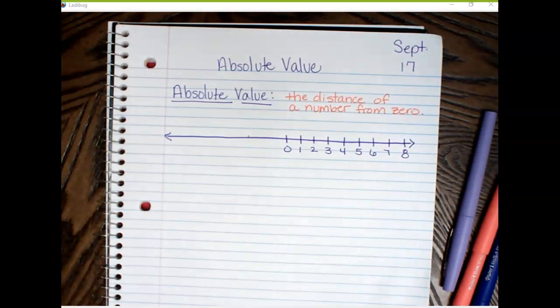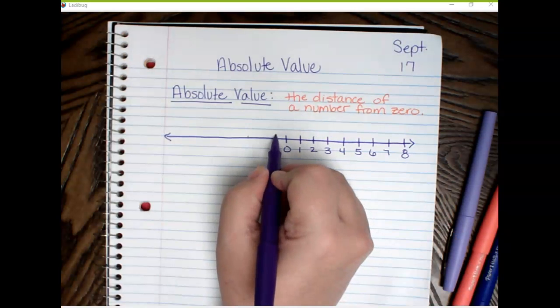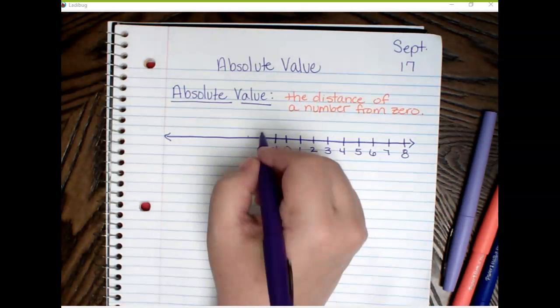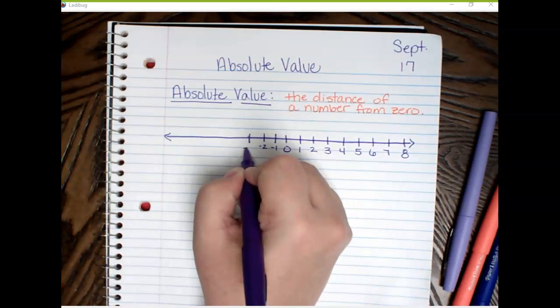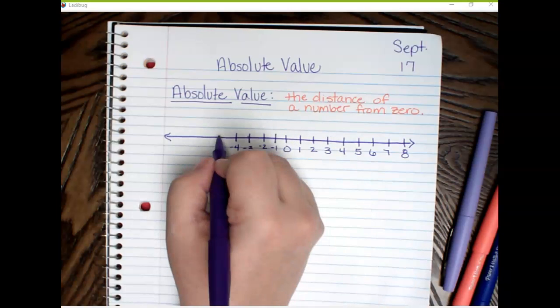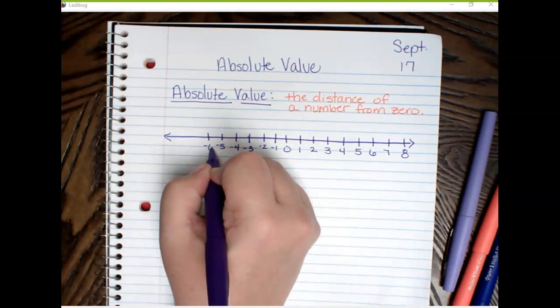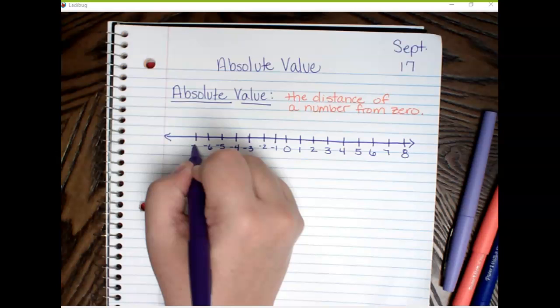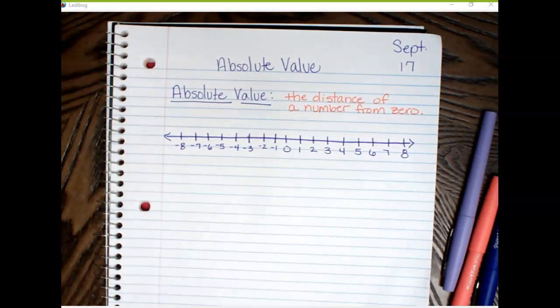So then I could probably fit about -8 on the other side. Right next to 0 is -1, -2, -3, -4, -5, -6, -7, and -8. So this number line is going to help us determine the absolute values of different numbers.